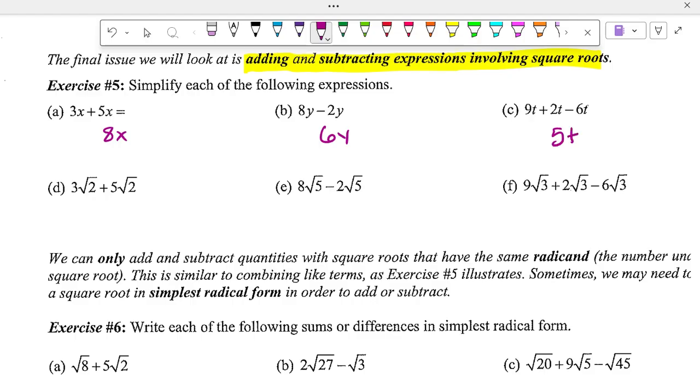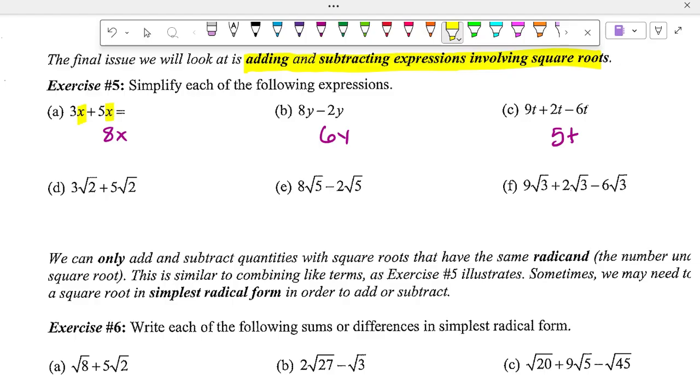So what was I essentially doing here? For the first three, what was I doing? I was combining like terms. How did I know they were like terms? So how did I know that 3x and 5x were like terms? What told me they were like terms? They had the same variable, the same exponent connected to that variable.